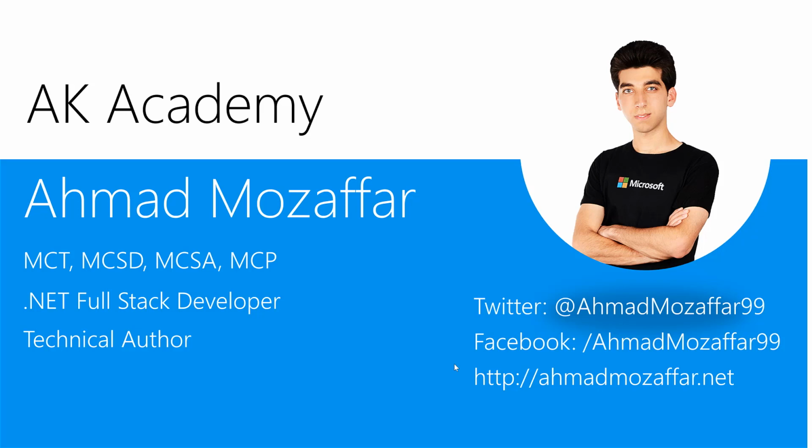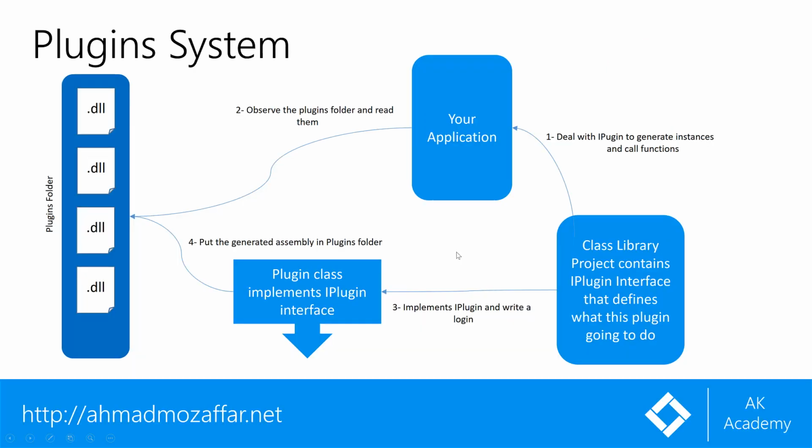I'm available anytime. So before we start coding and implementation, let me explain the flow a little bit. We have three components. The first one is your application, whether it is a console application, web, Windows, or whatever. And you provide a class library. It is the SDK.